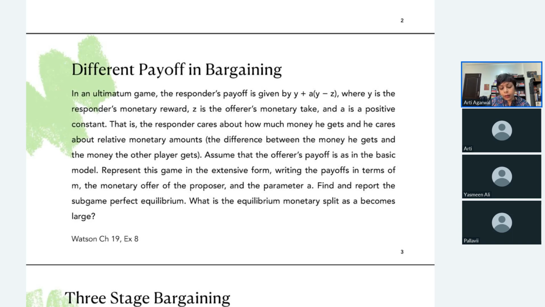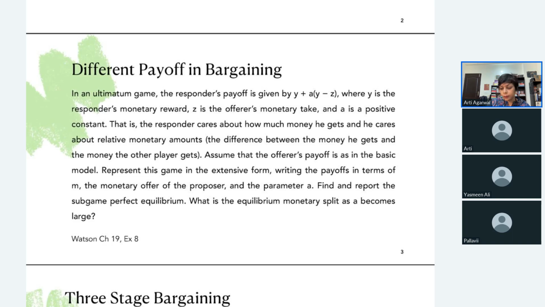So here they're saying that the responder cares about how much money he gets, and he cares about the relative monetary amounts also, meaning how much he is getting versus what the other guy is getting. You see, y minus z is the difference between the amount he is getting versus the amount the other guy is getting. So he cares about both things.